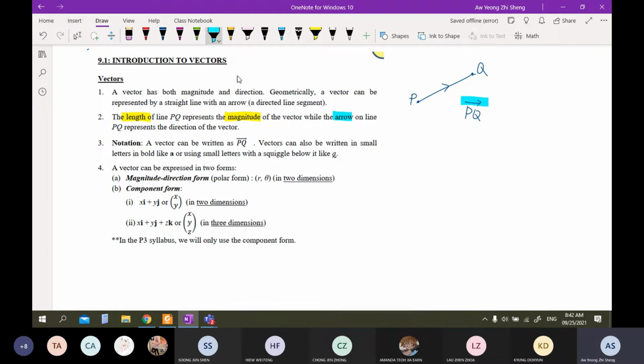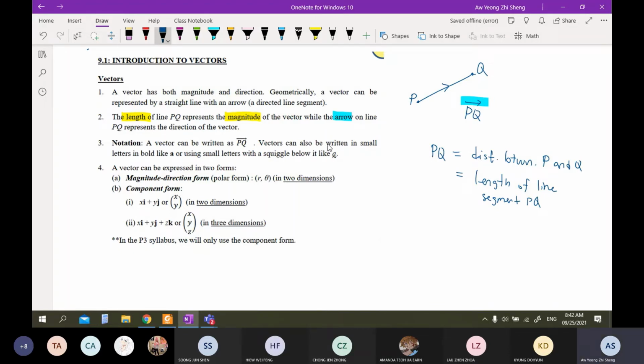Because if we do not write the arrow on top, if you just write PQ like this, it will be understood as the distance between P and Q, which is also the same as the length of line segment PQ. And so if what you intend to mean is the vector, then it is compulsory to write the arrow above it. So make sure you use correct notation.